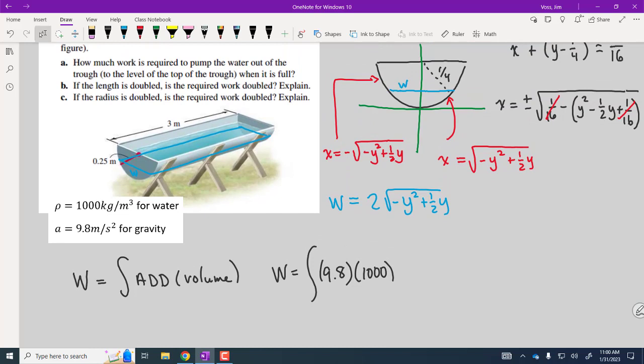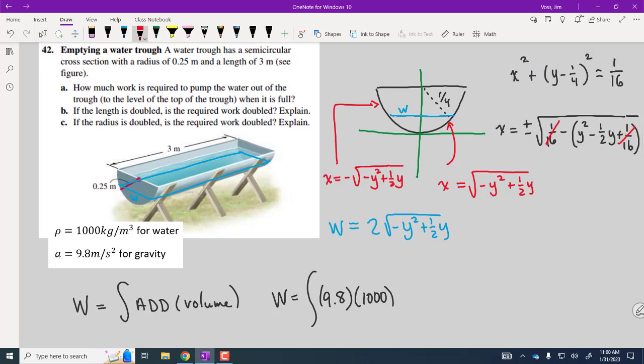So if we look here, we are going to call this the representative slice at a height of y. Anytime we draw a horizontal element, we say it's at y. Anytime we draw a vertical element, we say it's at x. So representative slice at y, representative cross section at y.